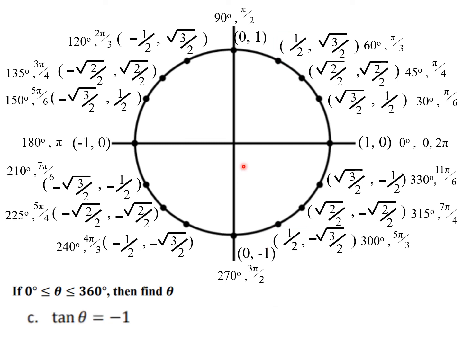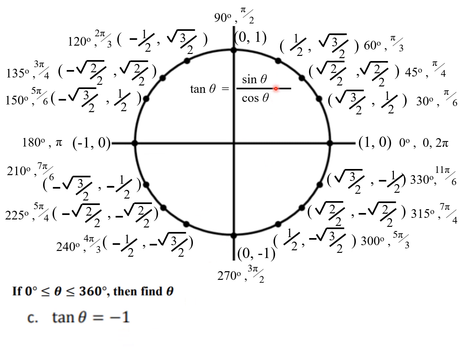What about this one? The tangent of theta is -1. Well, these are just x and y coordinates. These listed in this reference sheet are cosines and sines. So we need to analyze this a little bit. The tangent is equal to the sine over the cosine. Now we want a tangent of -1.